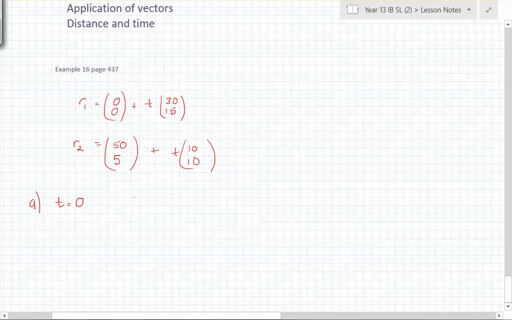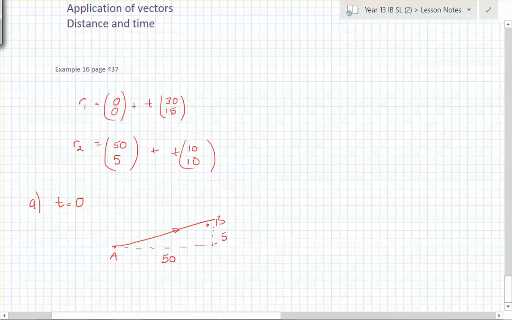So we're using Pythagoras' theorem. So we're basically saying that boat A is here and boat B is there, and we're looking at 50 in the x direction and we're looking at 5 in the y direction. So to find the distance between the two, okay, we want the magnitude, don't we, of the difference between the position vectors.